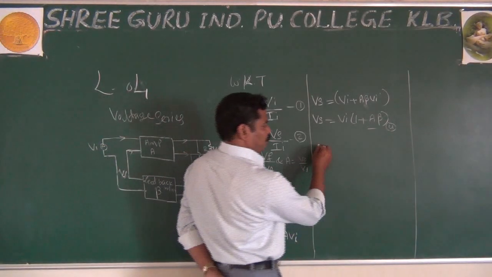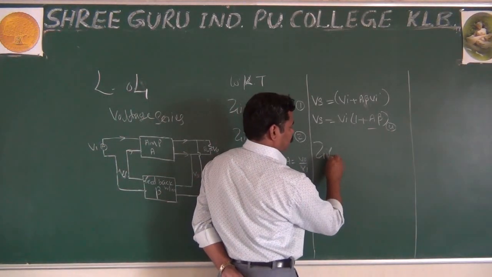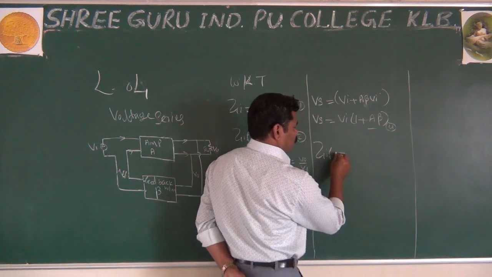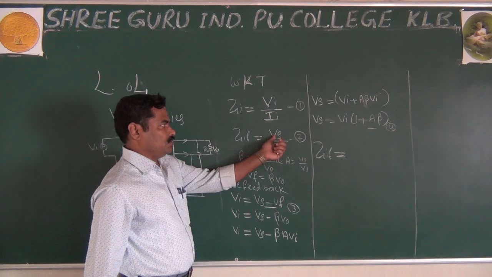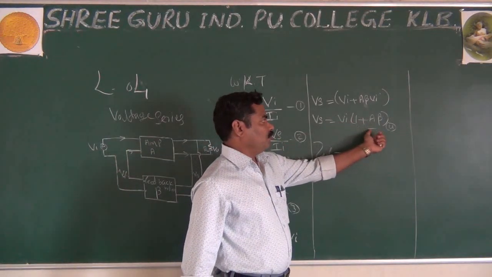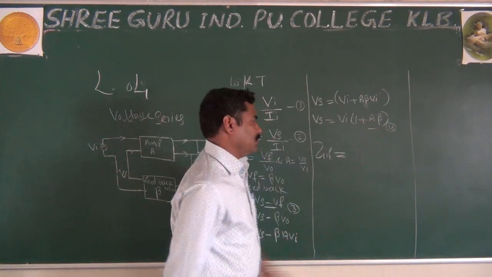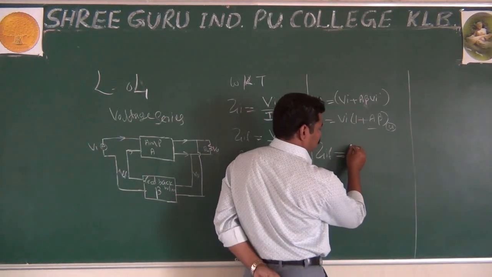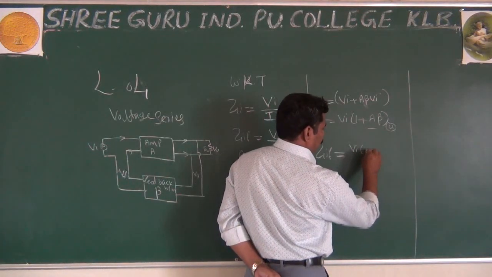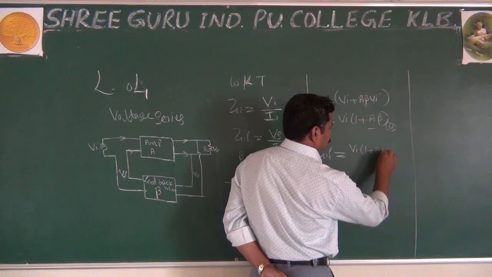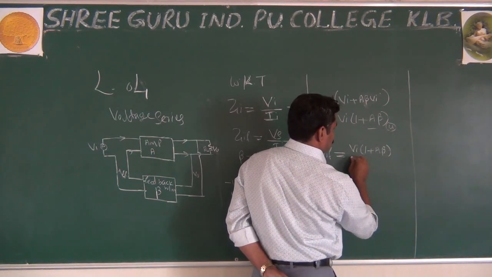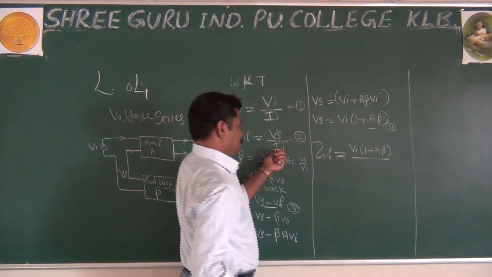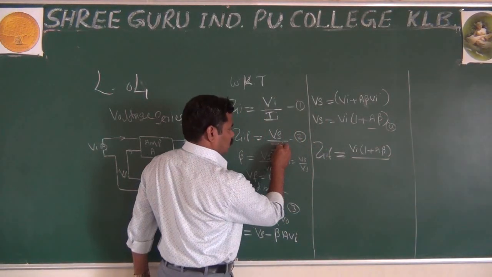That is nothing but ZIF equal to, in place of this Vs we can write Vi into 1 plus A beta, divided by II as it is.